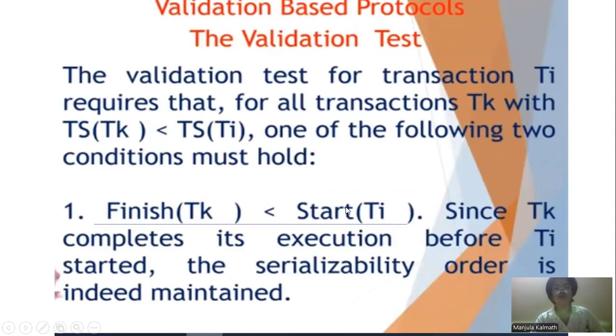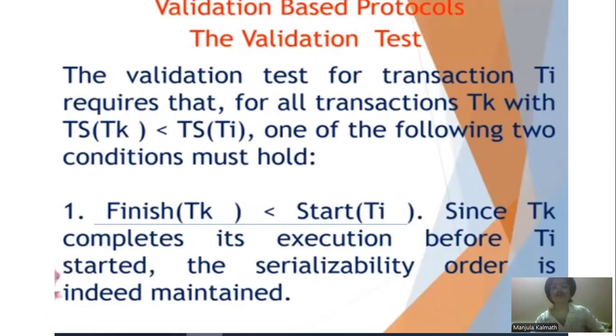Or you may take any transaction Ti executing, and after completion of Ti only, it goes for the next transaction Ti plus one. Assume Tk is a transaction which is executing, and it should be completed before starting the next transaction Ti. Finish Tk before starting the next transaction Ti. This is the one condition.